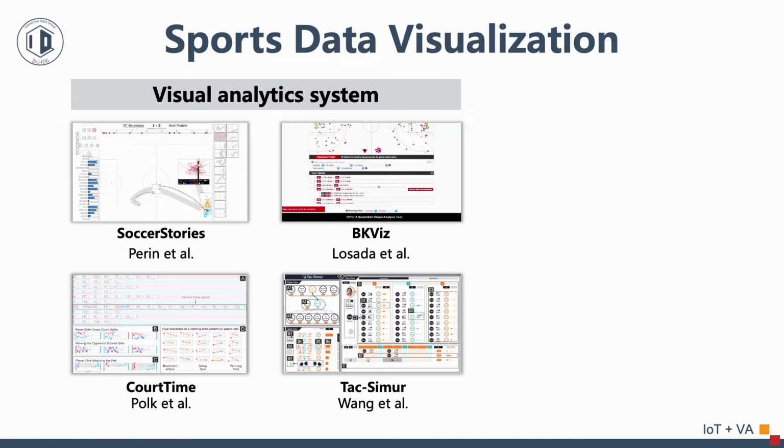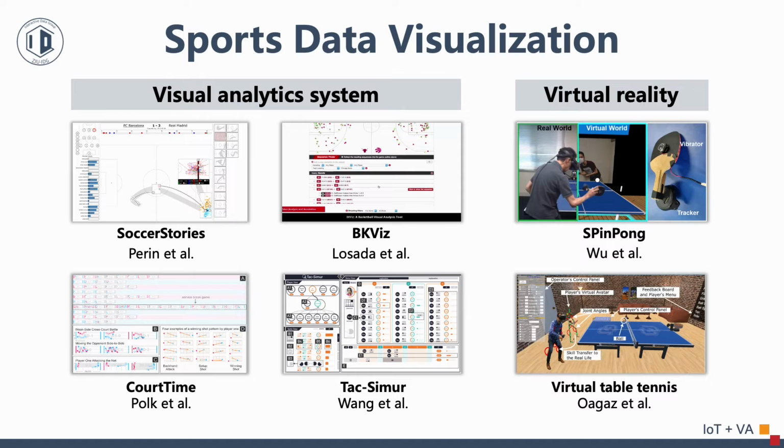Due to the difference in data type and analysis goals, these systems cannot be extended to our scenario. Besides, several virtual reality systems are also developed for the training of table tennis. However, we want to solve problems in the real-world environment instead of the virtual environment. Therefore, we propose Tac-Trainer.